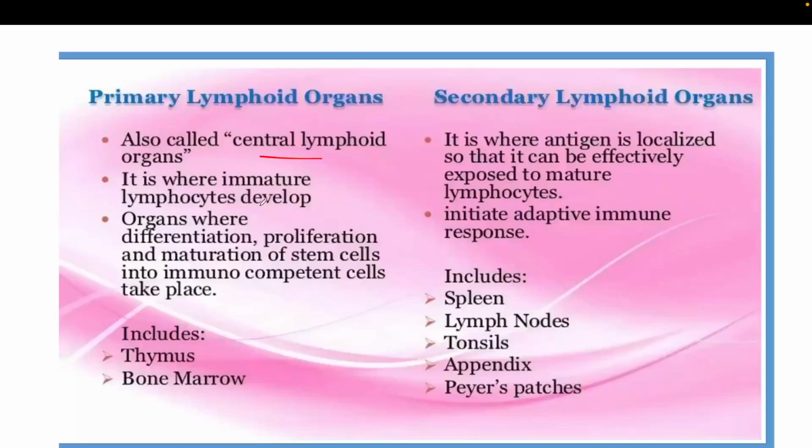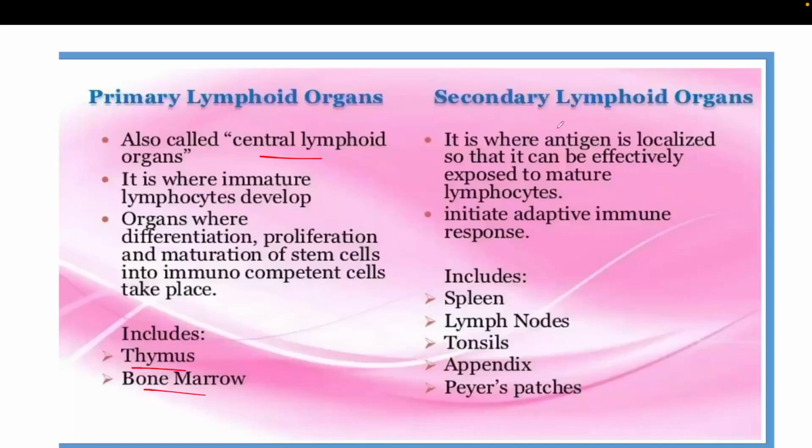Firstly it will develop here, and in this organ the immature lymphocyte will differentiate, proliferate and mature to the immunocompetent cell. Immunocompetent means it has still not encountered any kind of antigen. This happens in the primary lymphoid organ, and examples are the thymus and bone marrow.